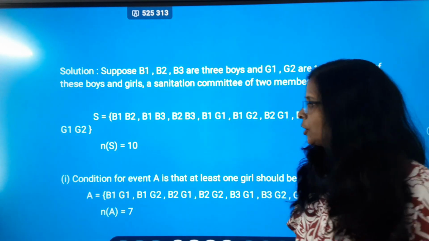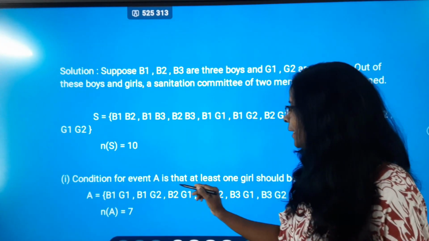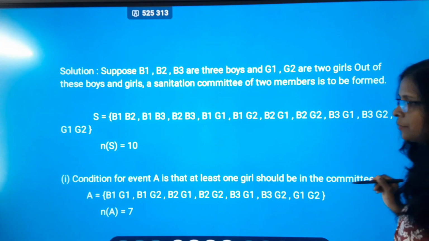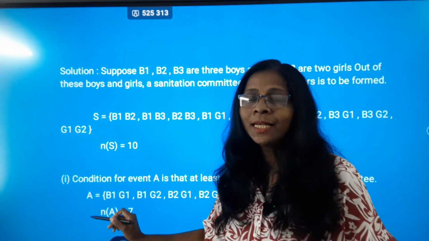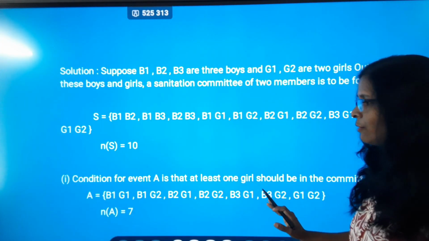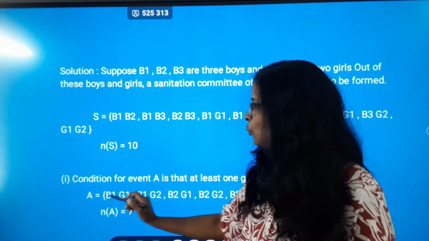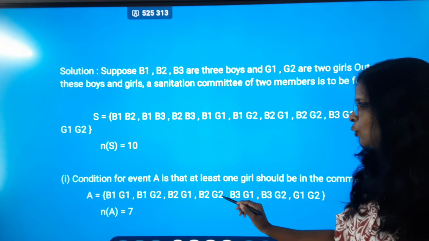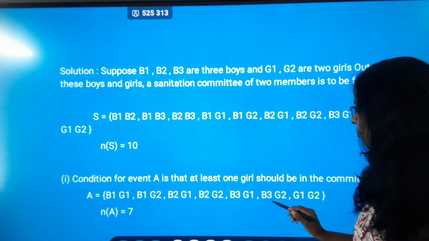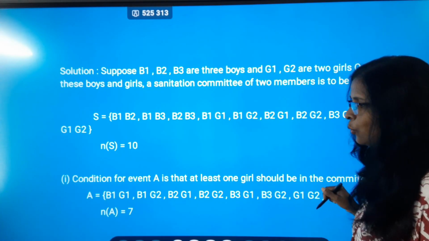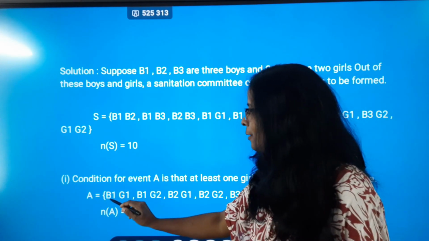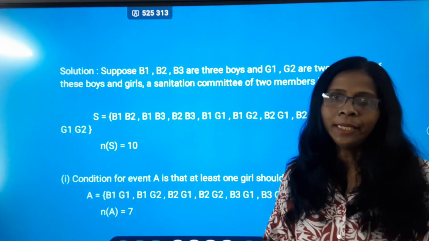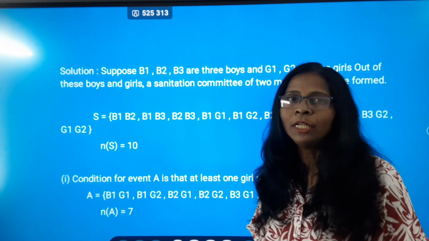Now the condition for event A is that at least one girl should be in the committee. So A is equal to {B1G1, B1G2, B2G1, B2G2, B3G1, B3G2, G1G2}. In each committee at least one girl is there. So n(A) is equal to 7.